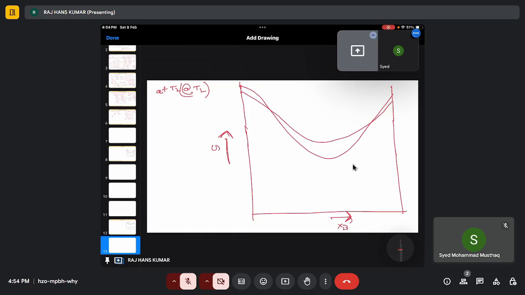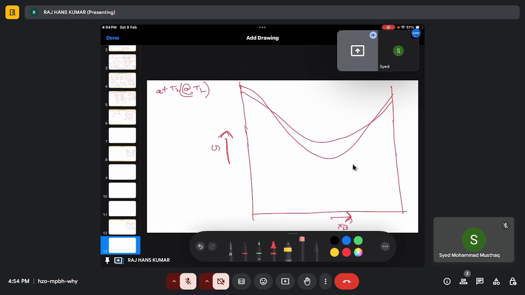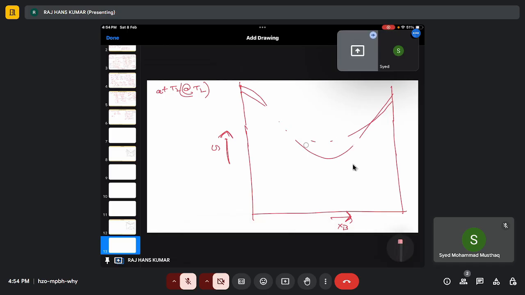No, it shouldn't. It's messy, so it shouldn't look like this. Right? Let me redraw this again.